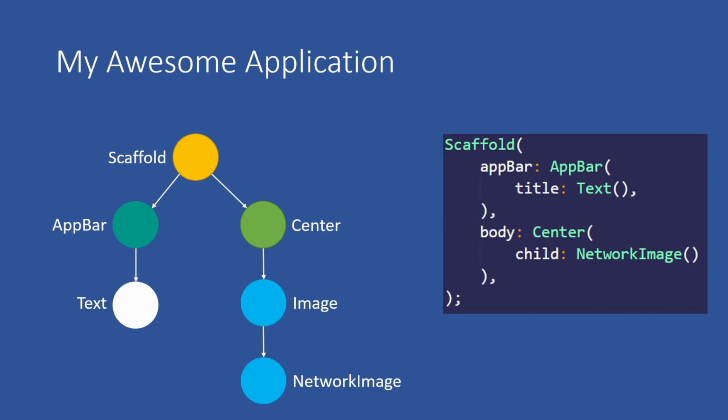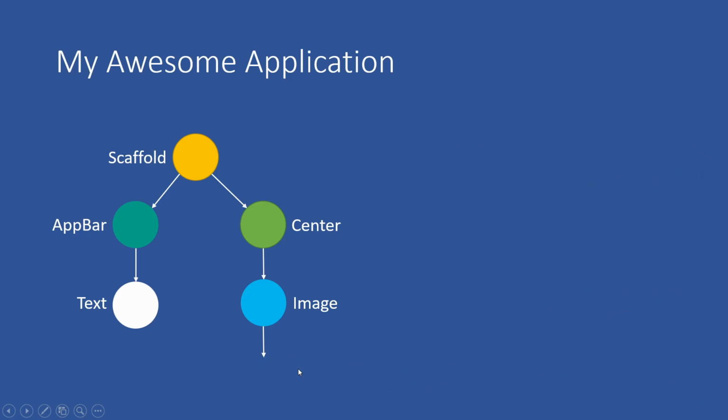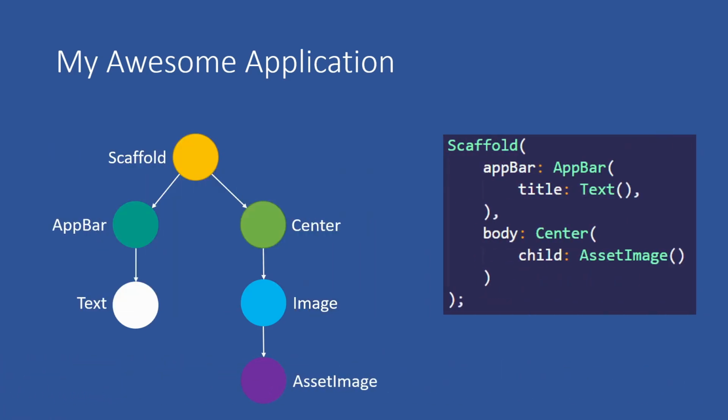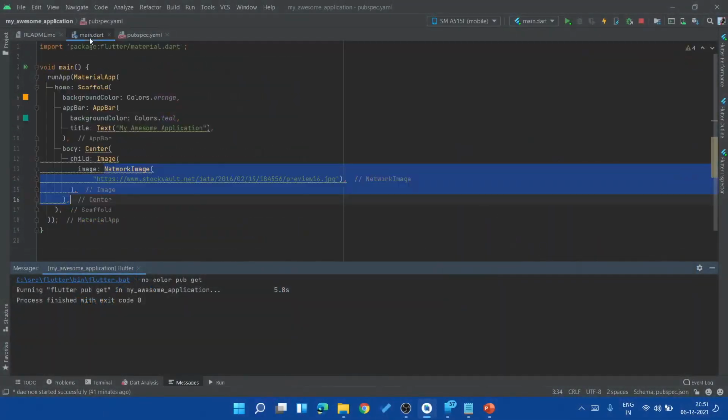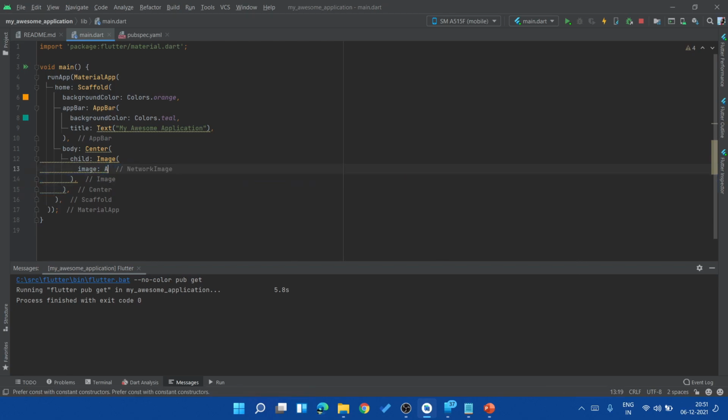This is our current widget tree. What we are going to do is remove the network image widget and replace it with the asset image. Similarly, in the code, we will replace the network image with the asset image widget. When we come back to main.dart, we have the network image over here. We just replace it with asset image and specify the asset name.